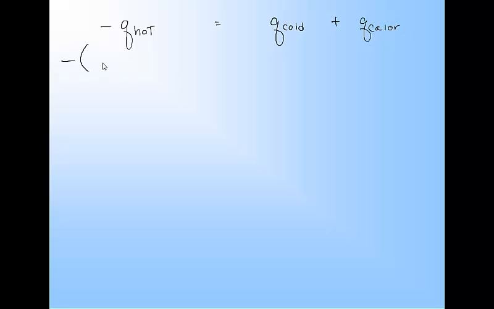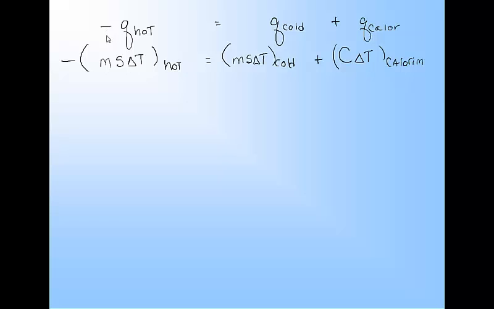That means m s delta T of the hot stuff will be equal to m s delta T of the cold, and the heat capacity of the calorimeter. Now I leave my negative sign there. It's just algebra. Whatever makes you comfortable, but it's important to do the math.